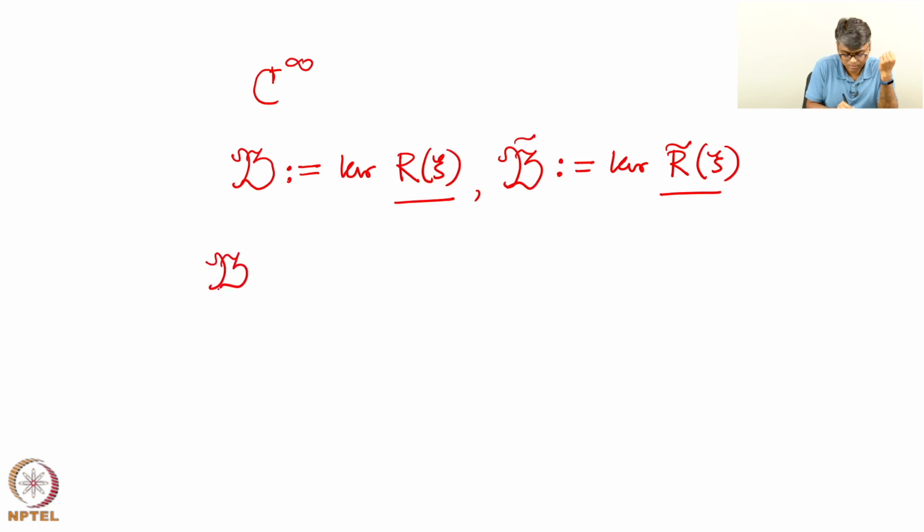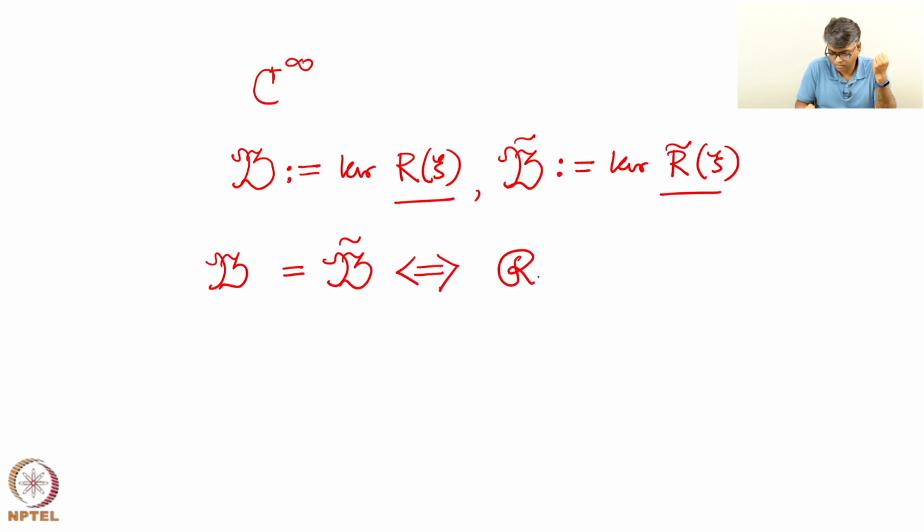So B and B tilde are equal if and only if R is equal to R tilde.